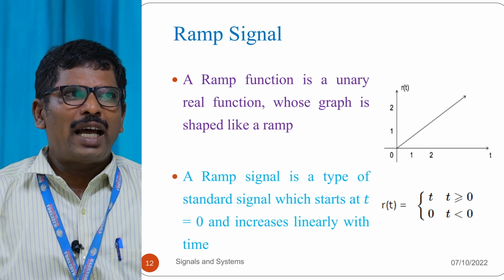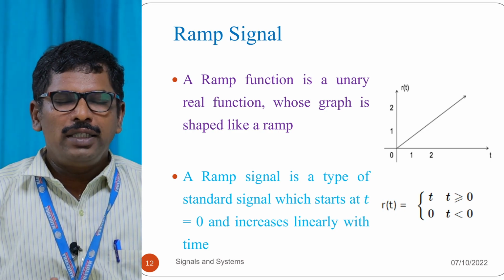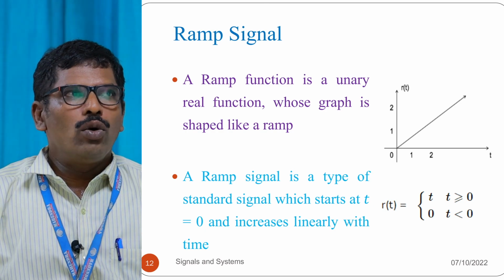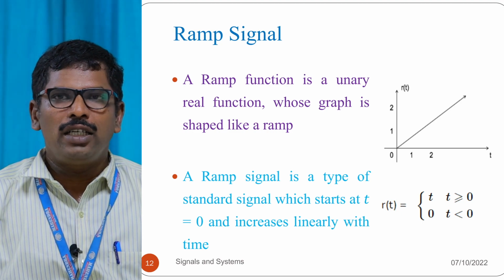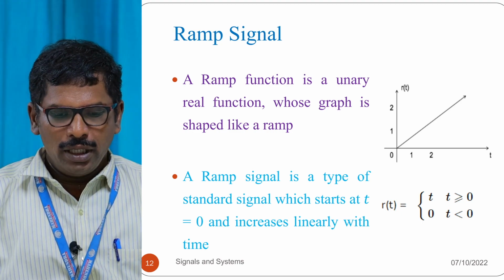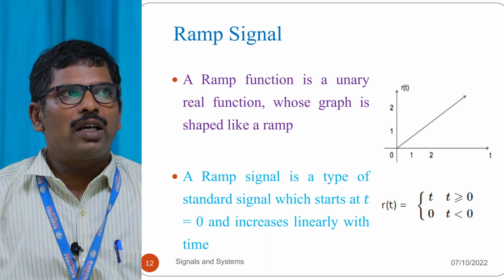Next, the ramp signal. Ramp is clear from the name: it increases in height linearly. A ramp is a standard signal which starts at a value 0 and increases linearly with respect to time. Your mathematical equation y equals mx plus c is a perfect example of a ramp signal.